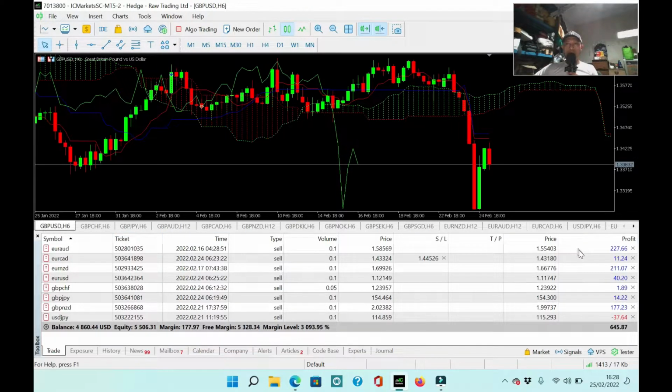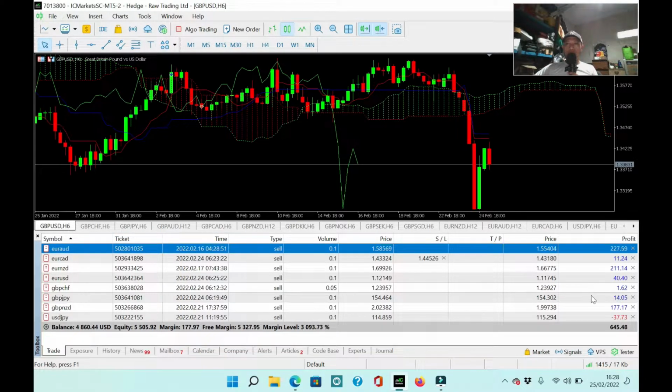I have 8 open positions. Margin level is around 3000%, free margin 5000 something, and the margin that I require to open these positions is $177. Now we try to break down every single open position that I have.